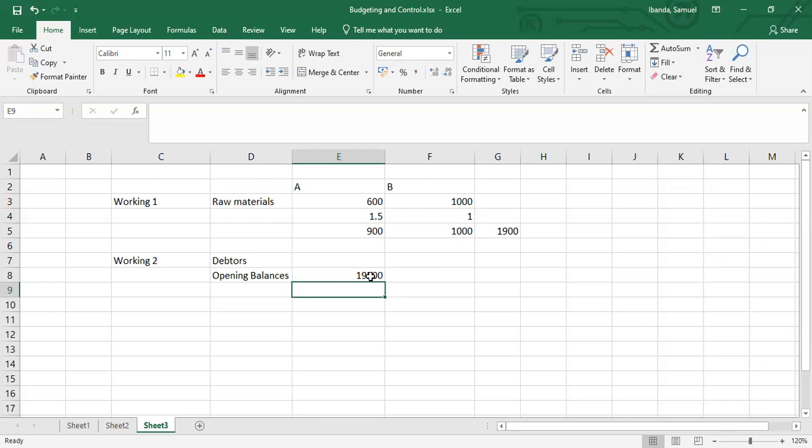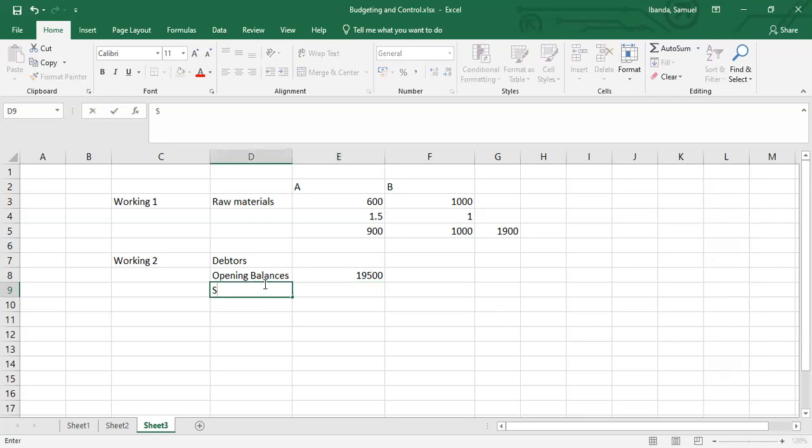Now, yours is also to understand that debtors come into place because of sales. So mine is to look at how much did I sell and how much did I receive.